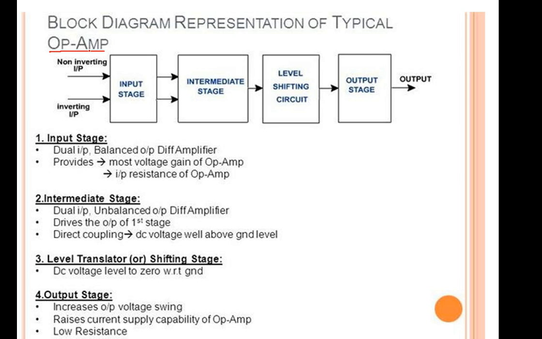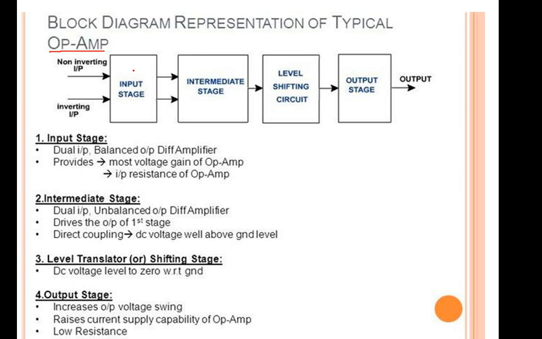In the internal circuit of the operational amplifier, we have four blocks. The first two blocks are differential amplifiers. In differential amplifiers, we have four types: dual input balanced output, dual input unbalanced output, single input balanced output, and single input unbalanced output.